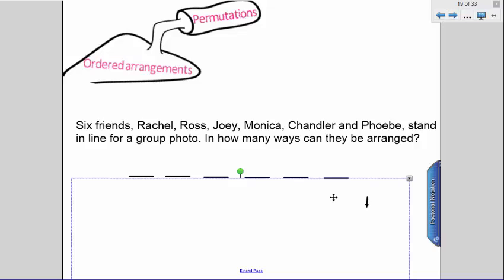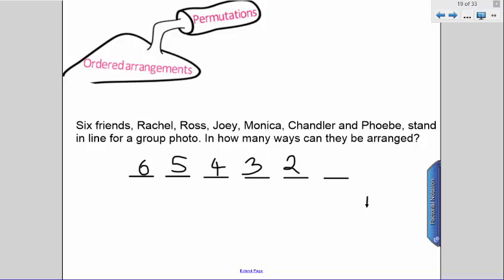If we draw 6 spaces representing the line in which they stand, we can determine how many possibilities are available for each space. There are 6 people, so 6 of them can go in the first position. Once that is full, there are only 5 people left to go in the second position, 4 who can go in the third, 3 who can go in the fourth, 2 in the 5th position, leaving 1 person able to go in the last position.